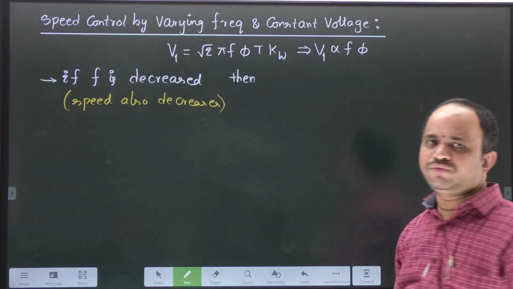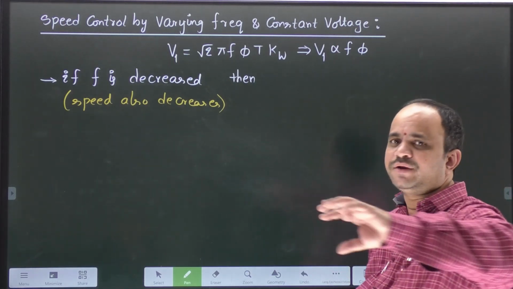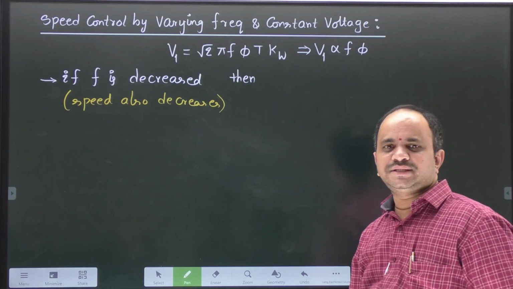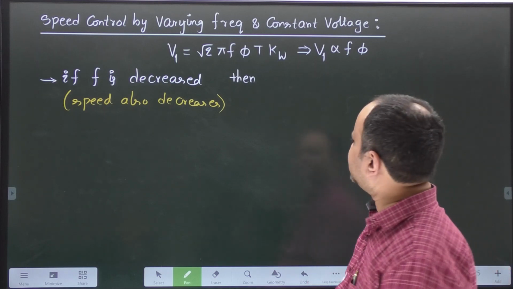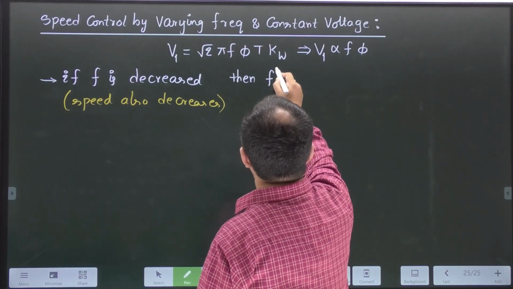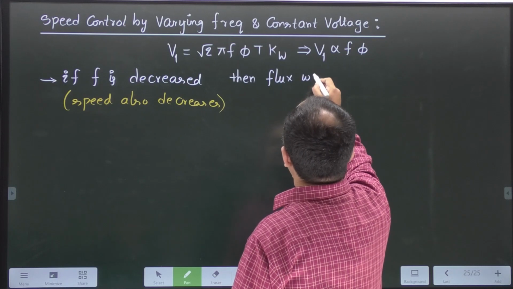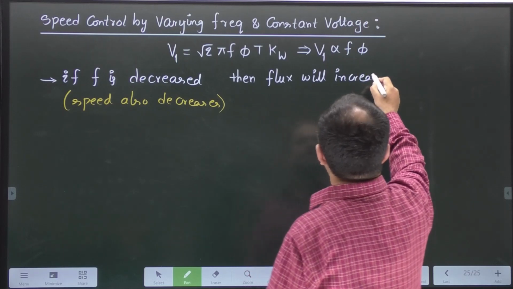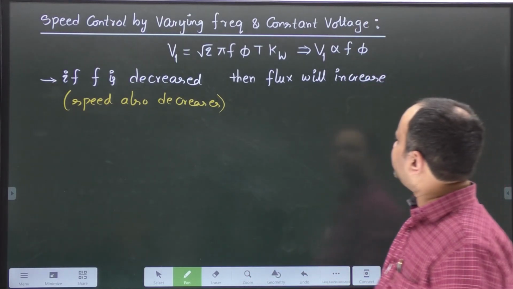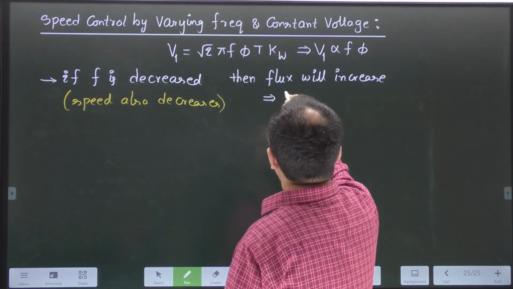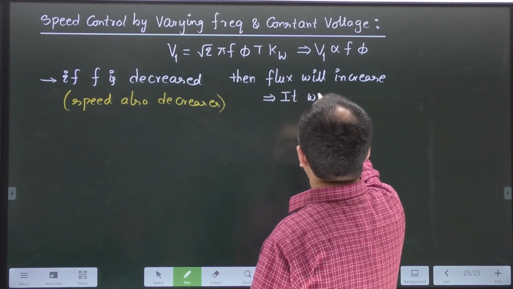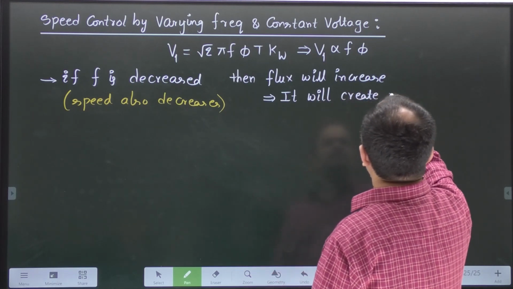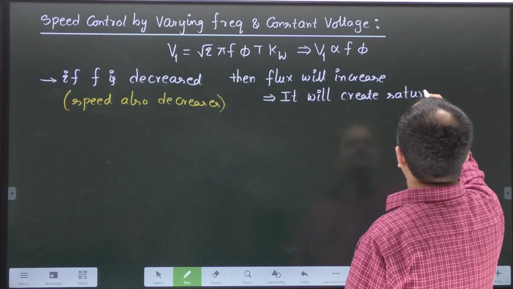Now observe carefully what will happen. We are maintaining the stator voltage to the induction motor constant. By maintaining the stator voltage constant, if you decrease the frequency, then what happens to the magnetic flux? Flux will increase. Therefore, when flux increases, it will create saturation of the core.